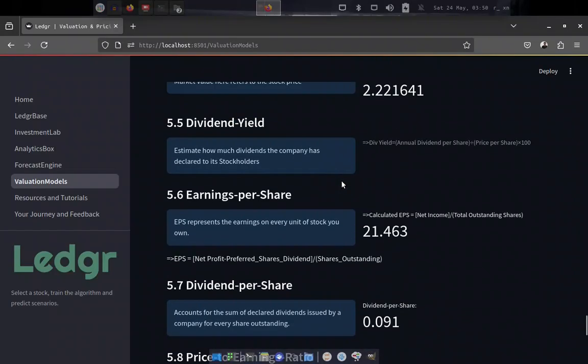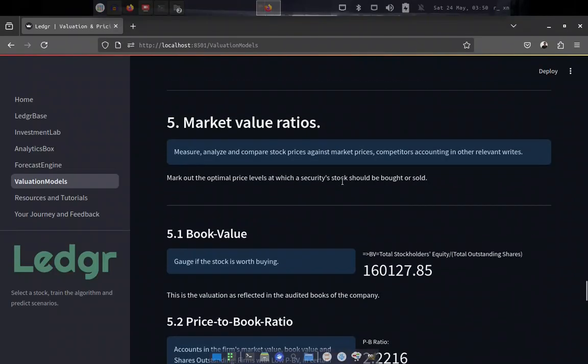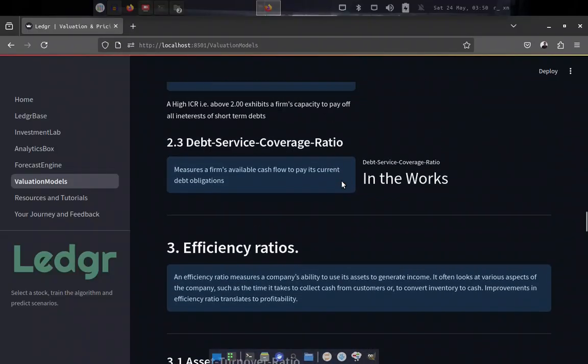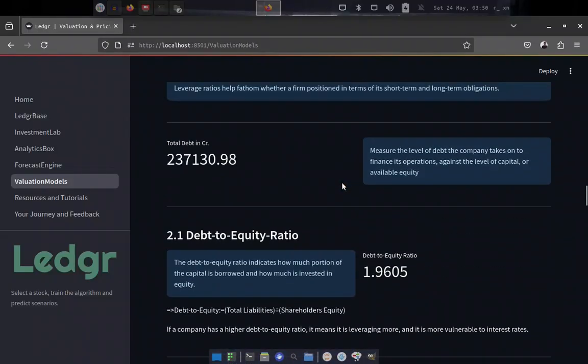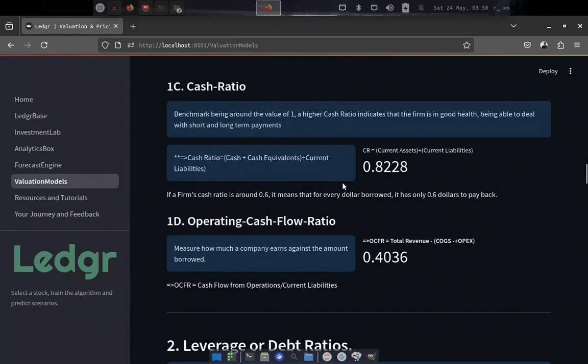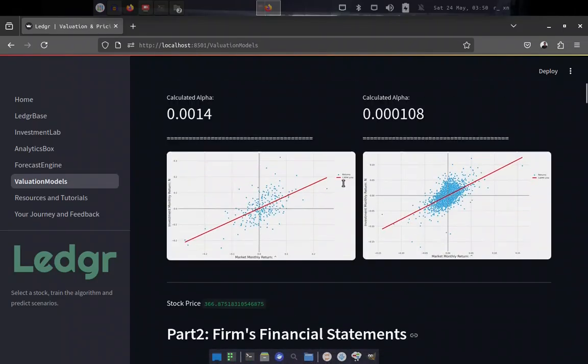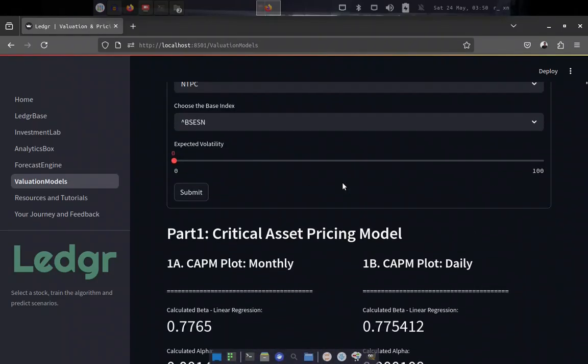There will be 2 more videos wherein I go for a run through of the Ledgr website, as well as the Ledgr app. This is the Ledgr app, as you can understand, and there you'll see why things are interconnected and why the site is online, and the app shall be launched very soon.